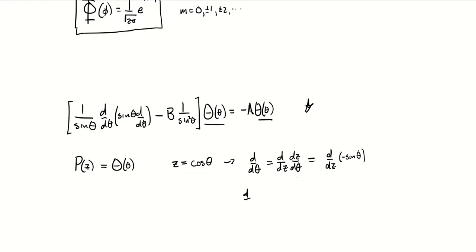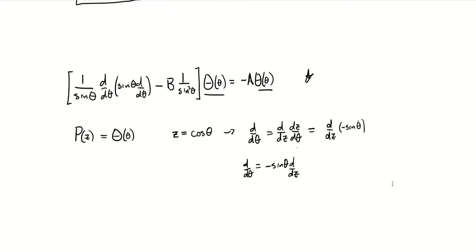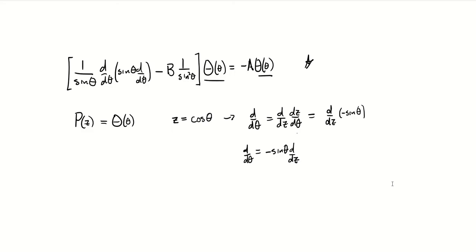So we've got d d theta is equal to negative sine theta d dz. Also, we have the trig identity that we all know, cosine squared x plus sine squared x is equal to 1, so sine of x is equal to 1 minus cosine squared x, all square rooted.